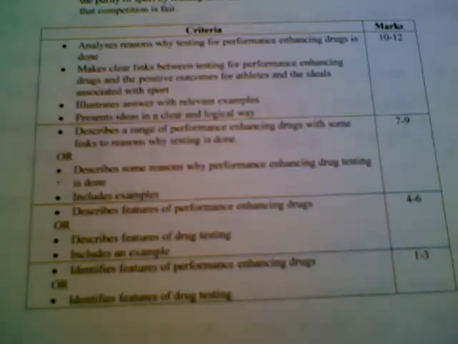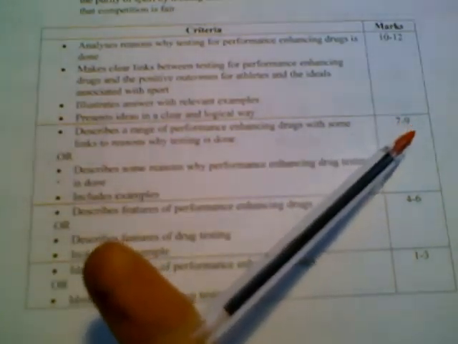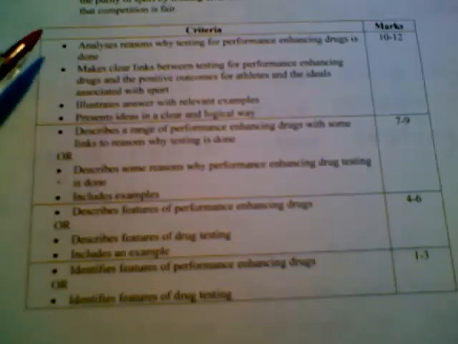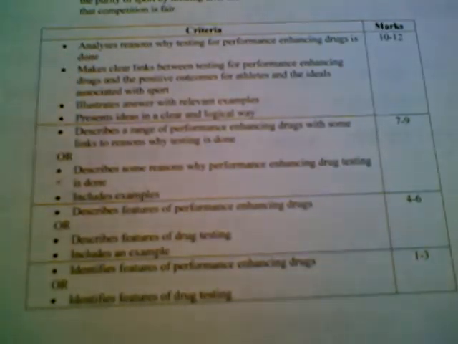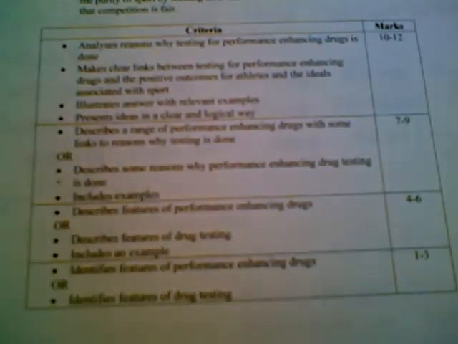If you have not analysed these reasons, then the most you can get is a 9 out of 12, and that's assuming that you've described at least 4 reasons at a pretty high level. So immediately, if you have not analysed, you're taking yourself out of the upper echelon of marks and putting yourself into a medium range, which is not where you want to be.